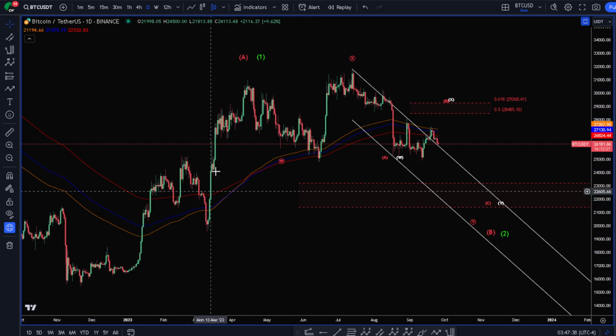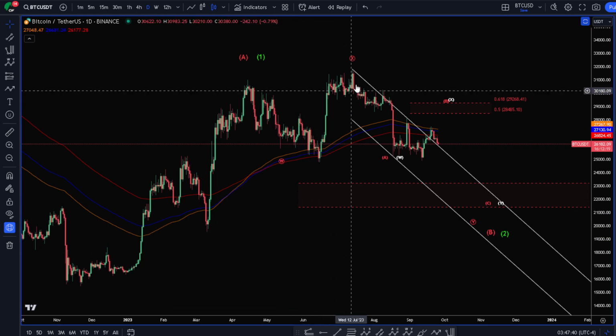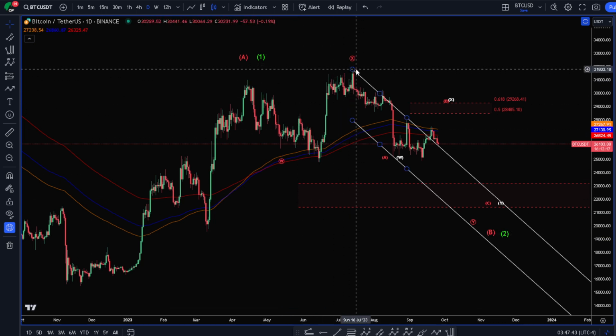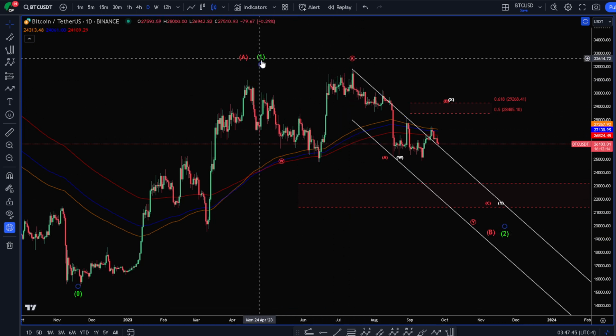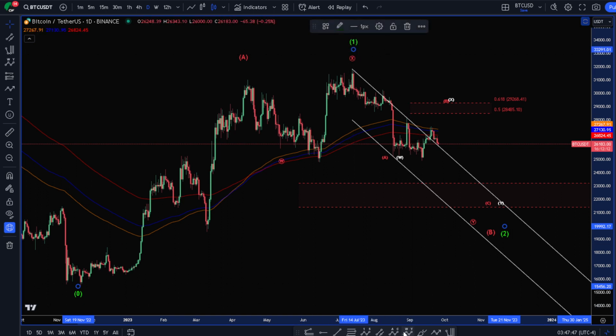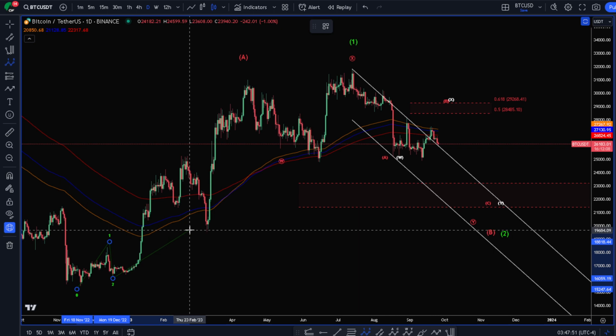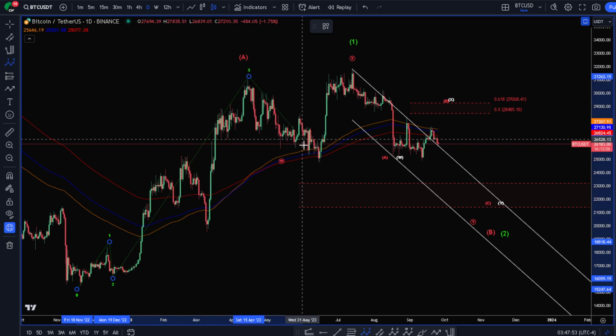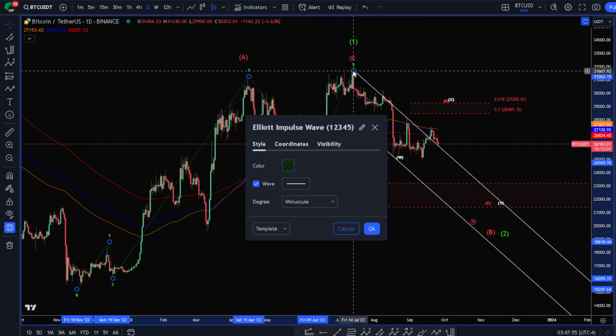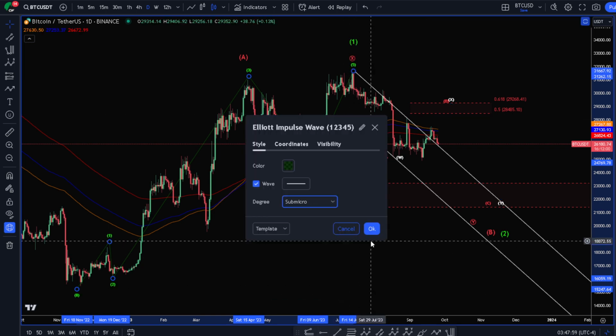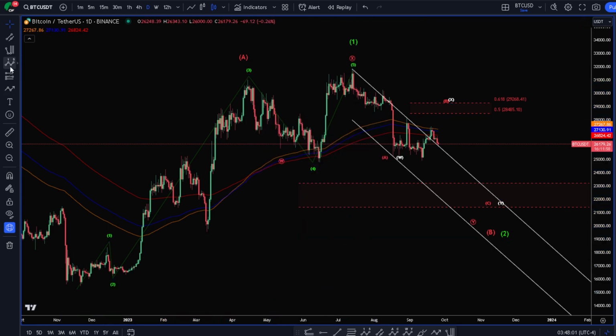Again, I think it's a pretty ugly impulse, and it's a pretty ugly impulse if you have the impulse over here. The only way I was able to make this work, I'll show you real quick, is if this is 1, 2, thirds way up here, very extended, 3, 4, 5, and then I'll show you the sub count on that. Again, very ugly.